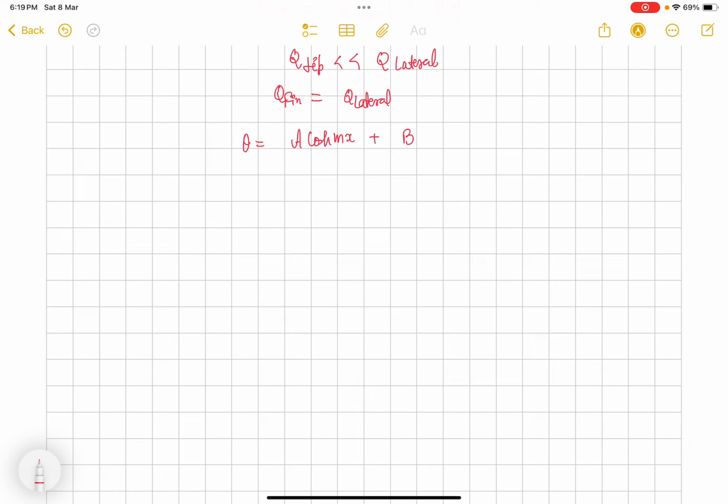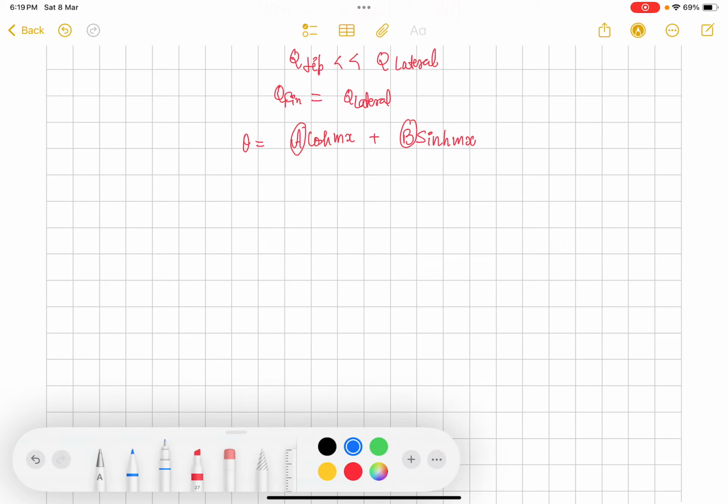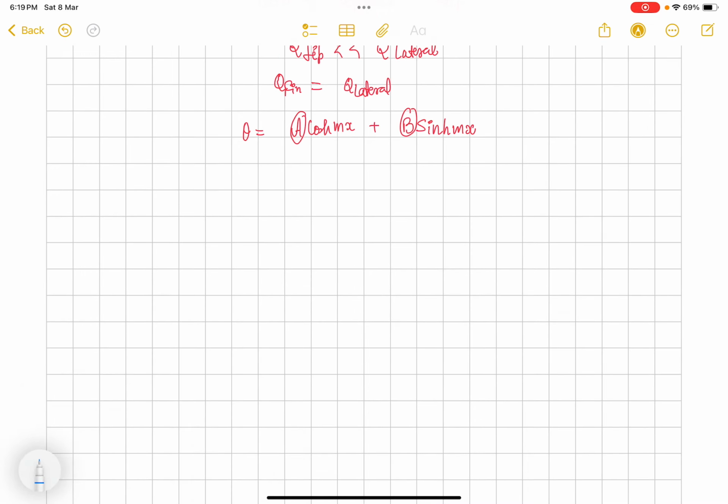Mind that h is not the heat transfer coefficient; it is cosh, we pronounce it cosh, and sinh, sine hyperbolic. All right, so A and B we have to find by applying the boundary conditions.